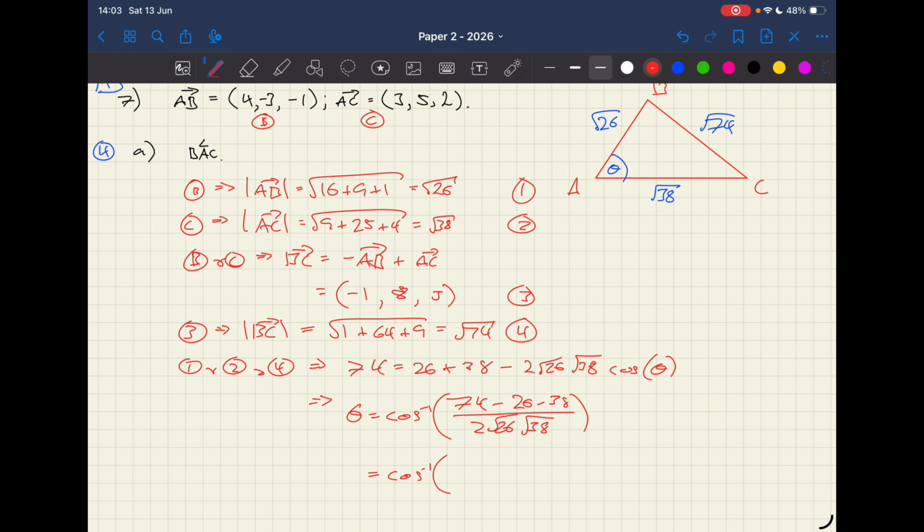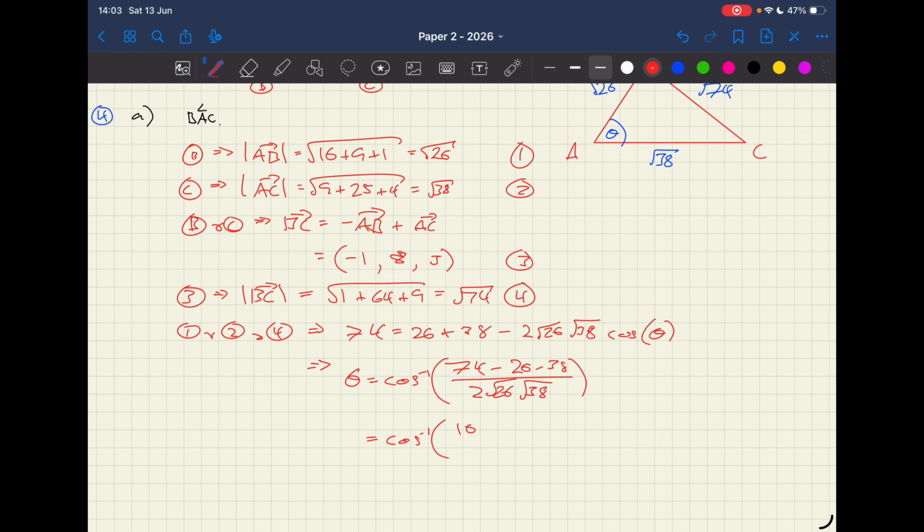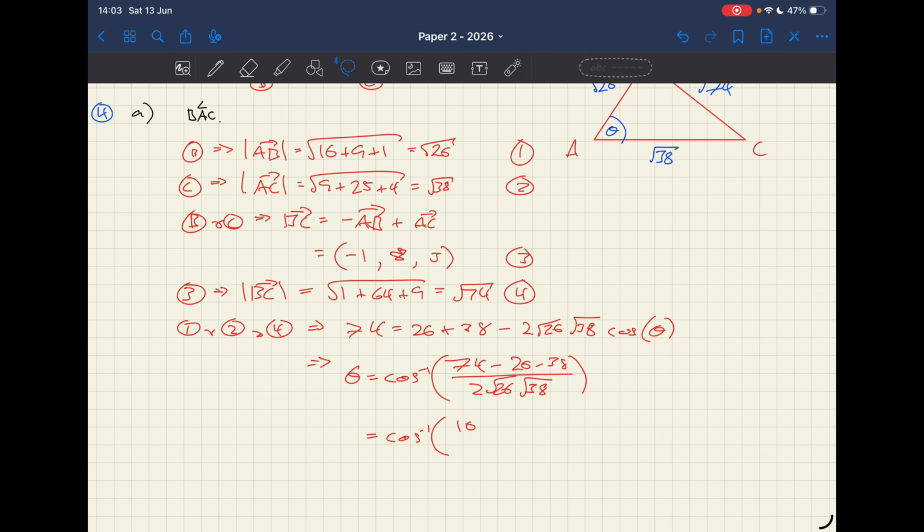Top row, what do we get? Well, if we add those together, that's going to be 58 and then 64, so minus 10 on the top. On the bottom row, we can get rid of that 2 actually. Let's make it just a 5 on the top. And if we combine those together, what do we get? Root 26 times root 38 is 2 root 247. I feel like something's gone wrong with the negatives.